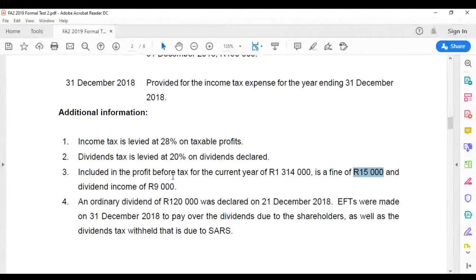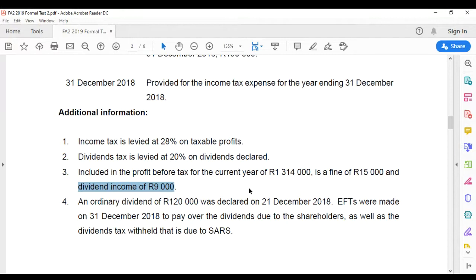Then they say also, included in the profit before tax of 1,340,000 is dividend income of 9,000 rands. Right. Now, we already know at this stage that dividends declared or any kind of dividend is subject to dividends tax, right?